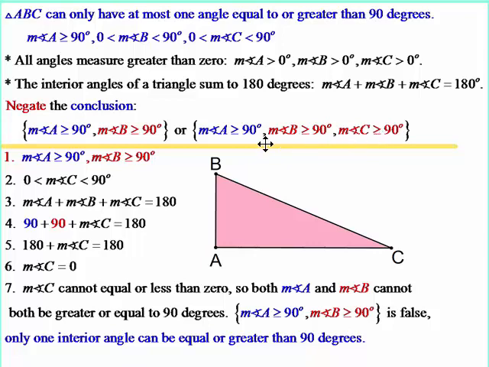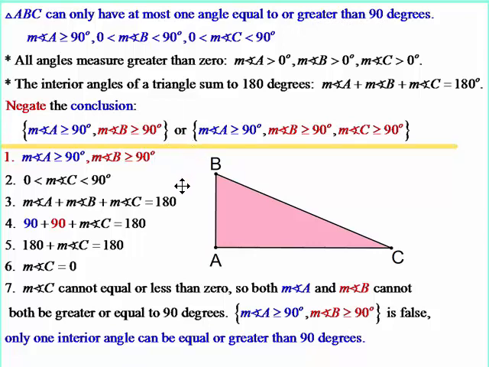Well, if we take the first example here to the left, that two of them are equal in measure or larger than 90 degrees, then that covers the right side. We just need more than one according to this statement right here: triangle ABC can only have at most one angle that measures equal or greater than 90 degrees. So this left part takes care of it.